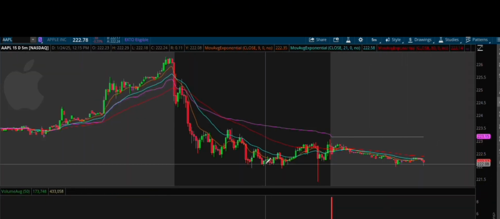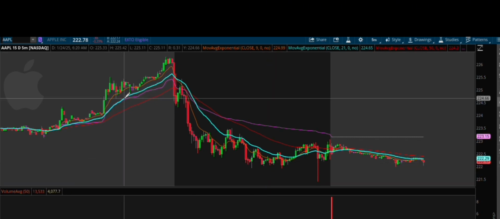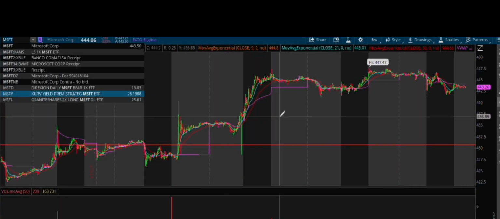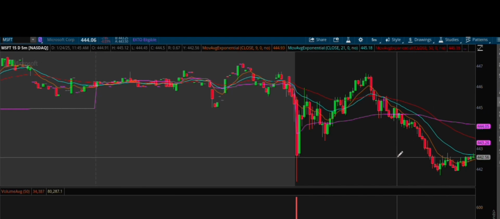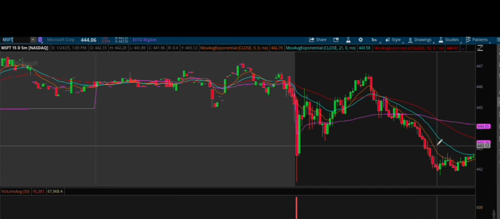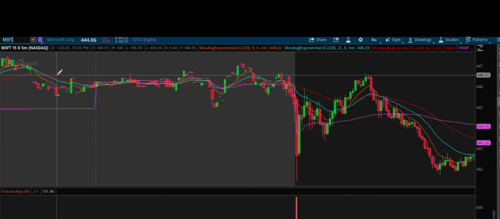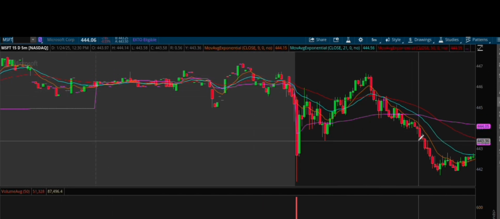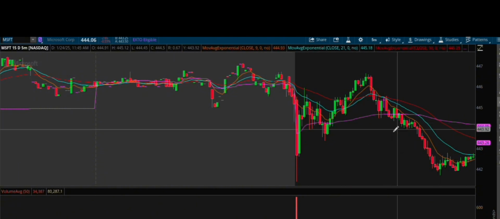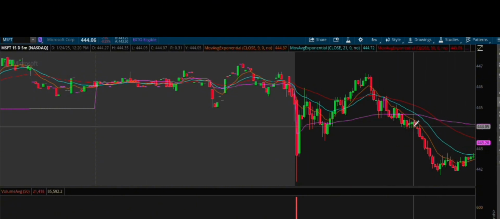At 12 o'clock on Apple, it's kind of flat. Microsoft, around 12 o'clock, it dumped. So 2 out of the 3 main stocks that I watch to trade with the NASDAQ are also continuing down. So I have that break and continuation candle along with that confluence with these other stocks.